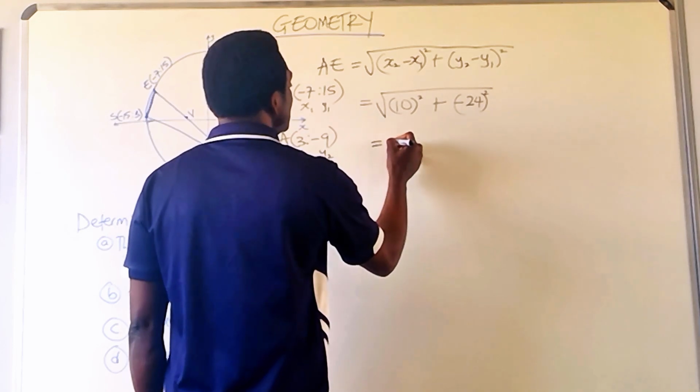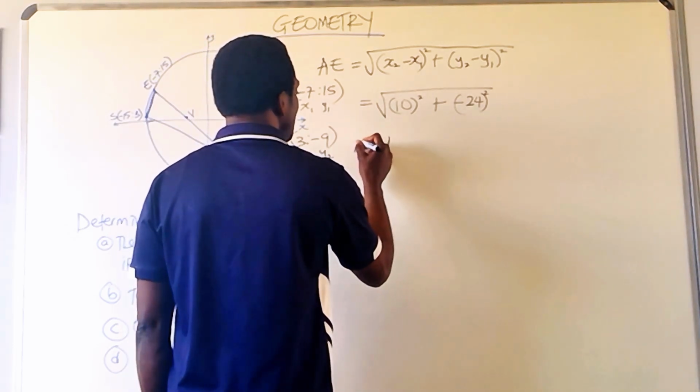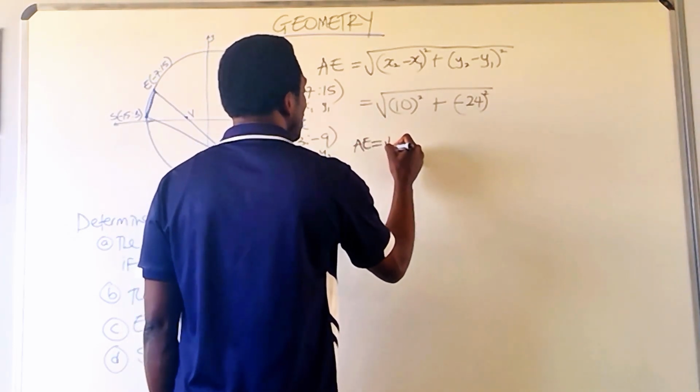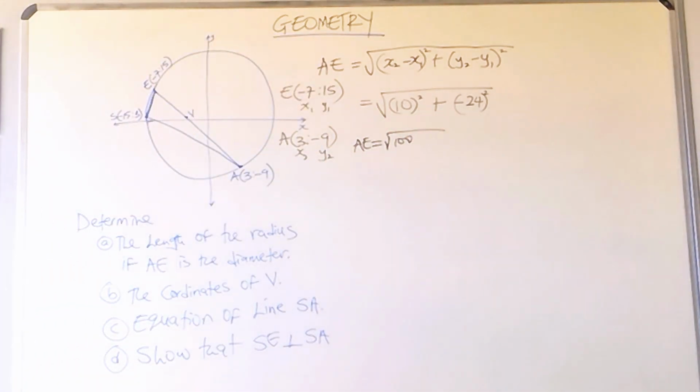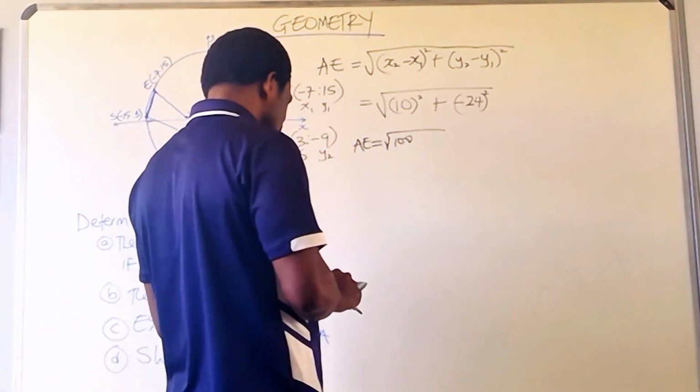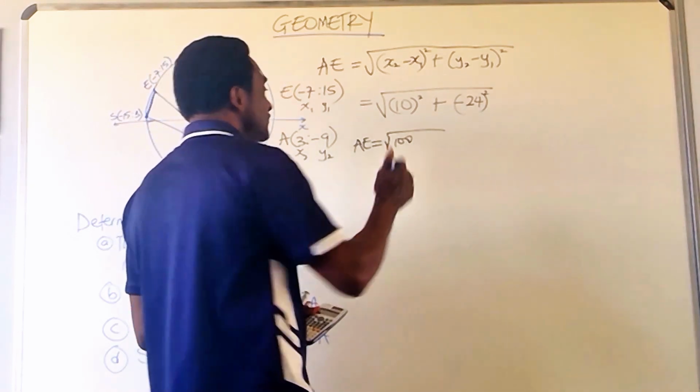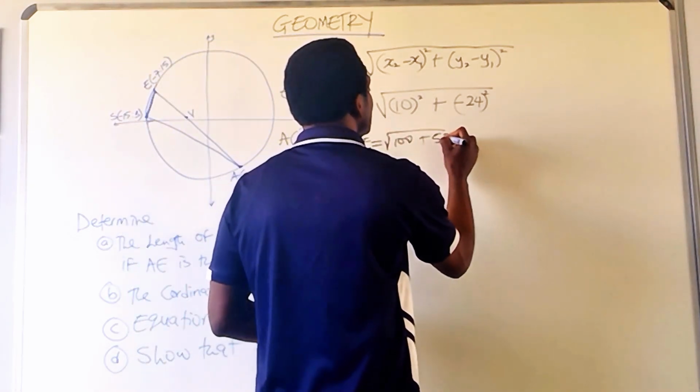Therefore, our AE is going to be the square root of 100 plus, and let's look at 24, 24 times 24 will give us 576.